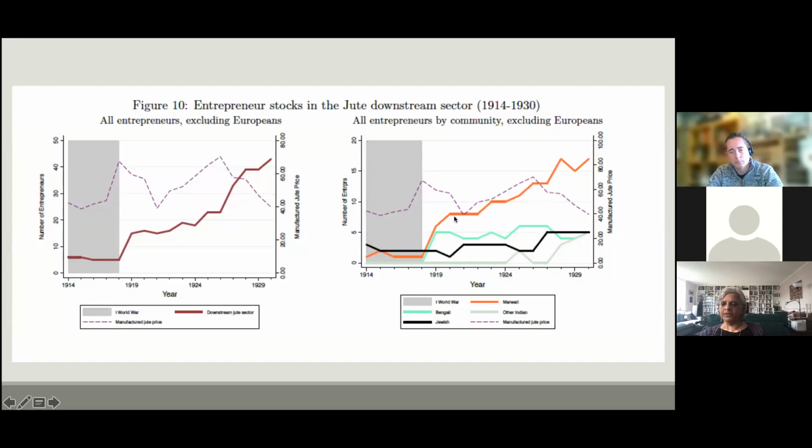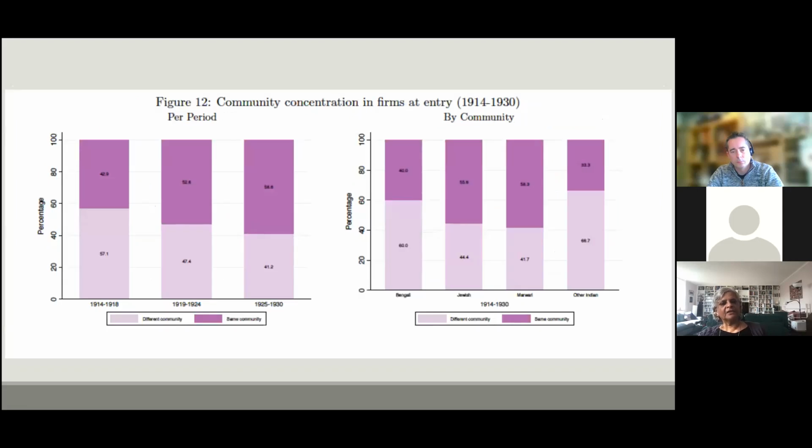And here the community is that of Marwari traders who began to enter after the First World War in a major way. So exactly the same pattern. And this is the one group which became the dominant Indian entrepreneurship community in the jute industry in the east of the country. And again, there is a similar pattern of concentration of community within a particular firm.